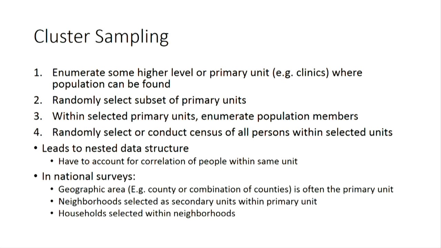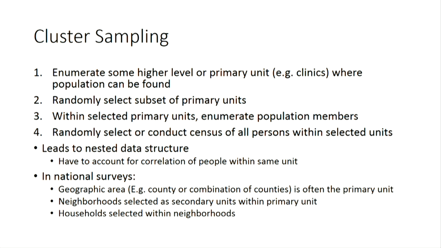And in national surveys, very, very often we're talking about geographic units, where statisticians will literally take a map, a list of counties or some other smaller geographic unit, and divide them into smaller subsets that make sense for their application. And then they'll sample from among those geographic areas.